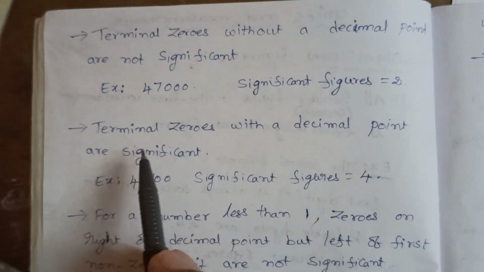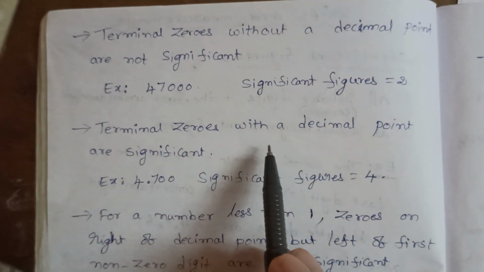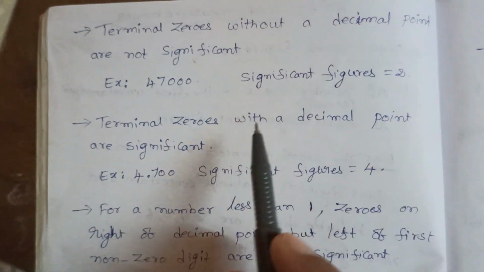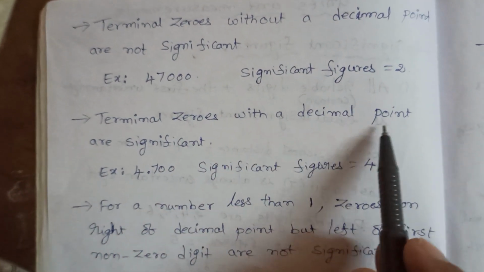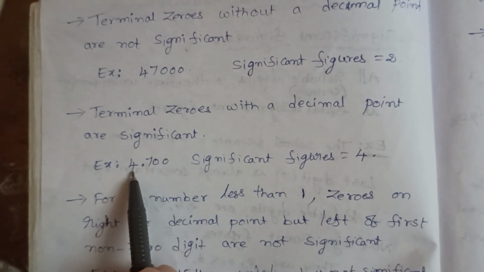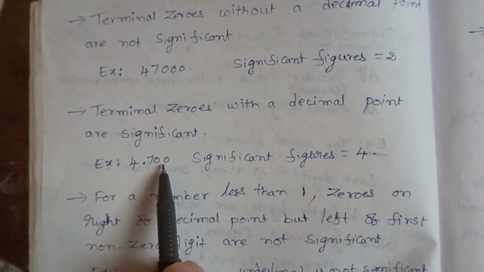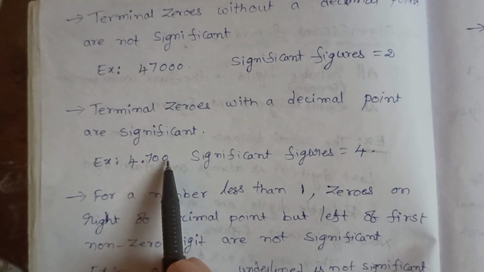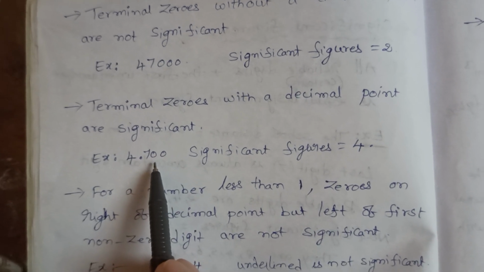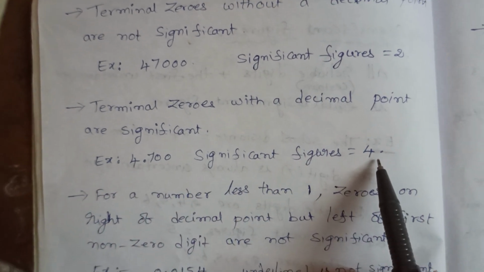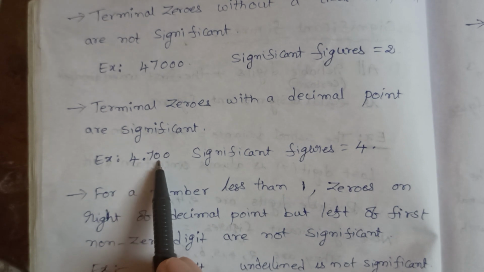Okay, next, terminal zeros with a decimal point. Unlike without a decimal point, with a decimal point they are significant. Example: 4.700. Here the last two zeros are also considered while counting the significant figures. So the number of significant figures is 4: 1, 2, 3, 4.